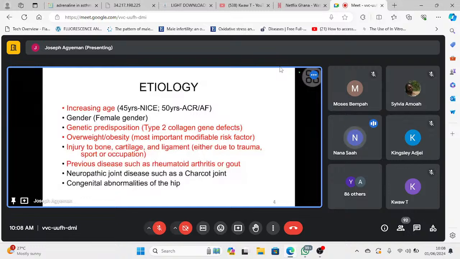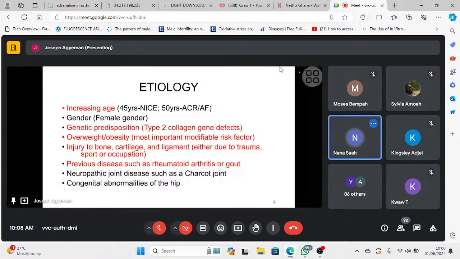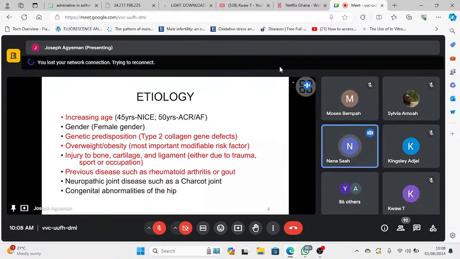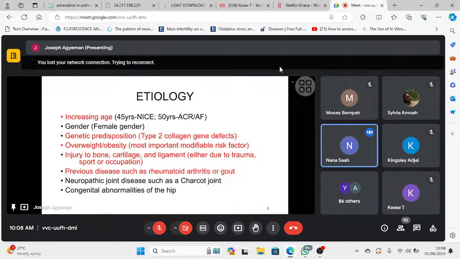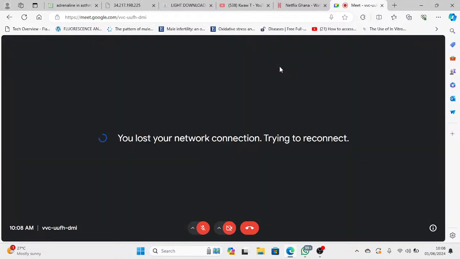Okay, so for gouty arthritis, monosodium urate crystals have been implicated. Perfect. Then pseudogout? Pseudogout, calcium pyrophosphate or oxalate crystals.